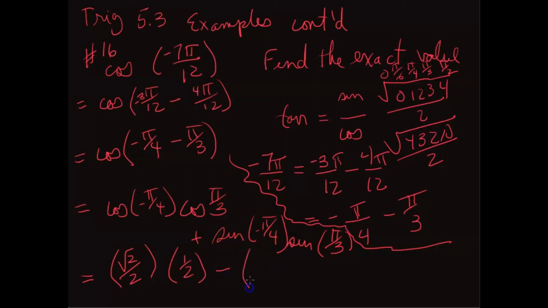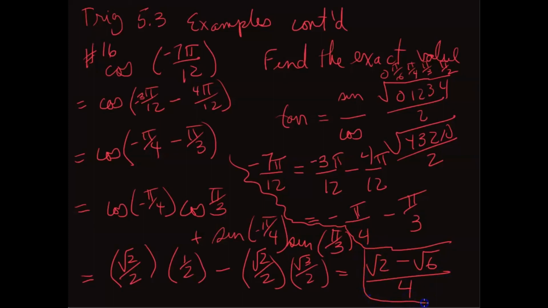The sine of pi over 4 is square root of 2 over 2. And the sine of pi over 3 is the square root of 3 over 2. And so we get square root of 2 minus the square root of 6 over that common denominator 4. Boy, does that sound familiar.